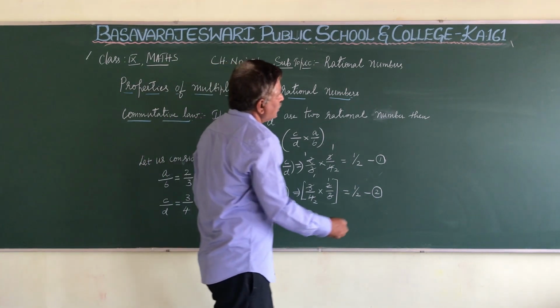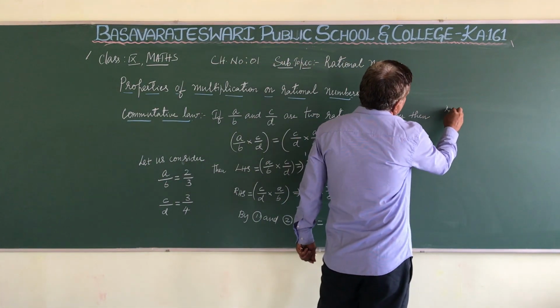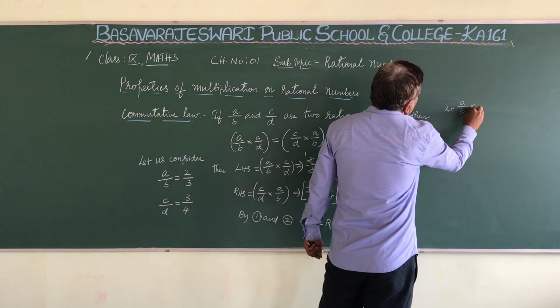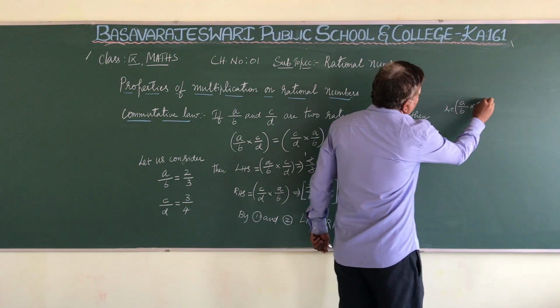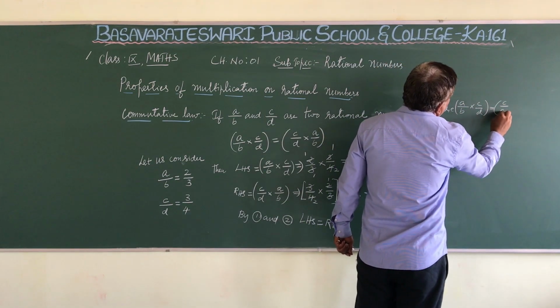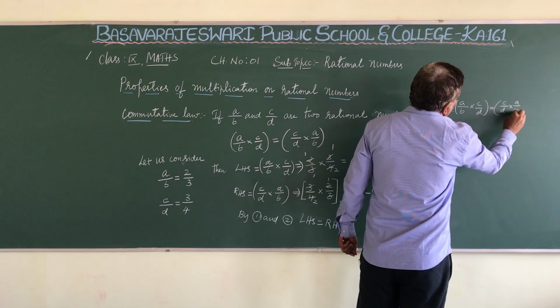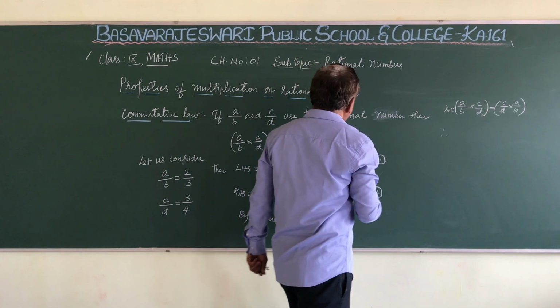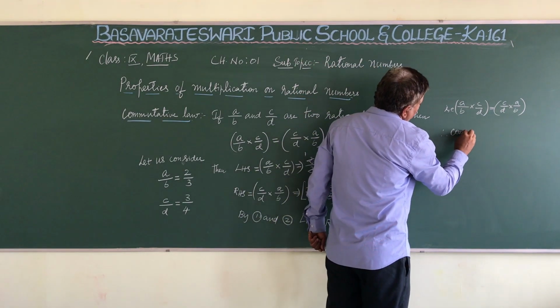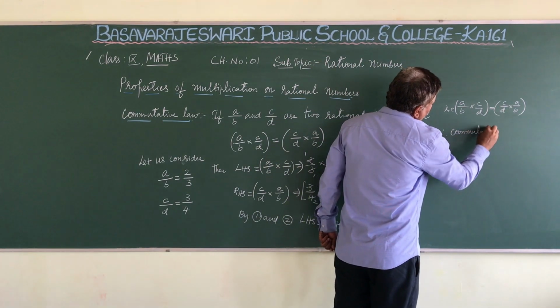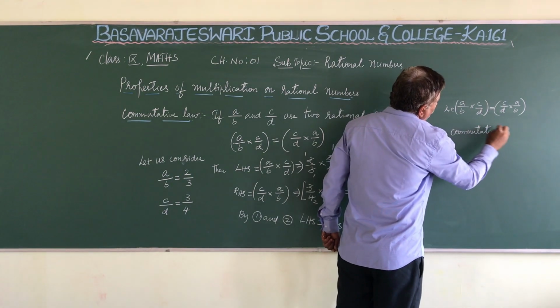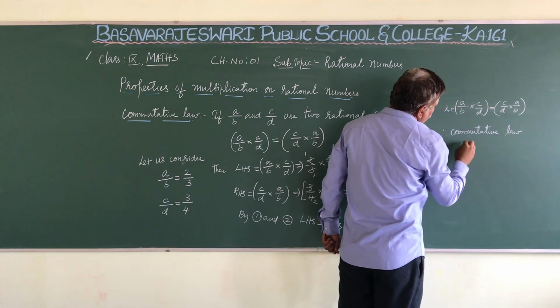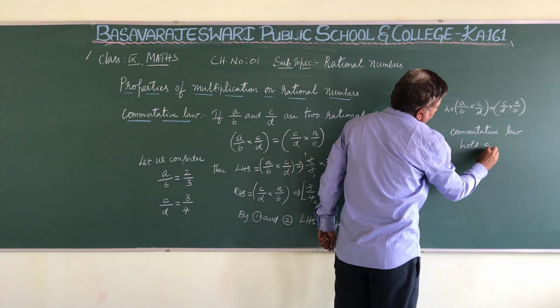That means a/b × c/d is equal to c/d × a/b. So therefore the commutative law holds good or is satisfied.